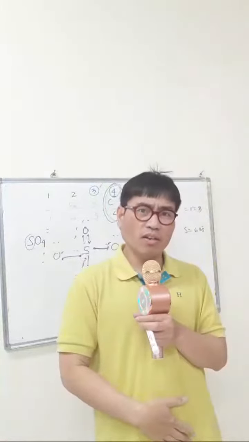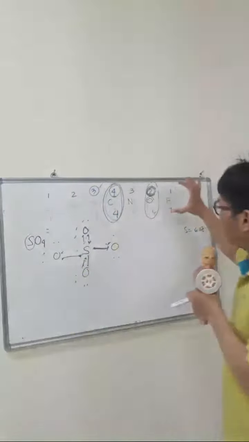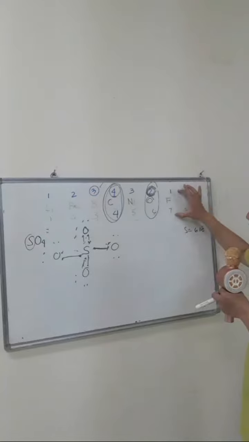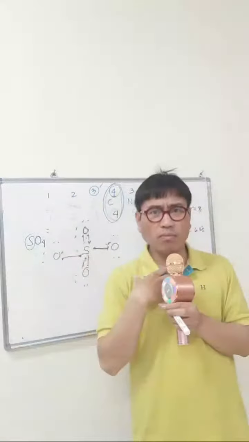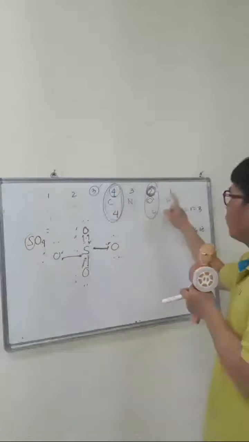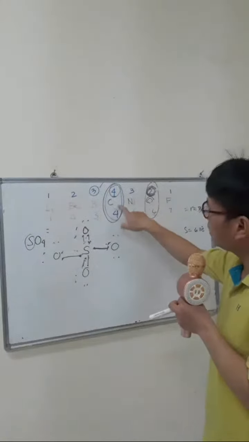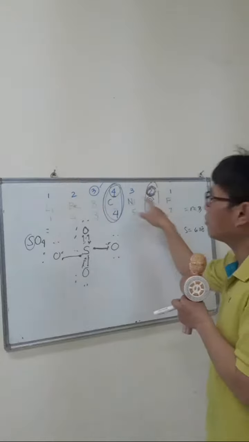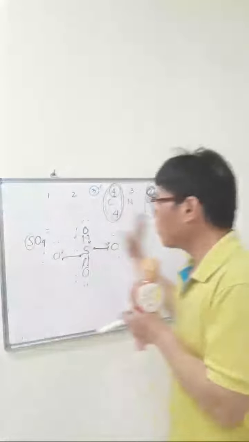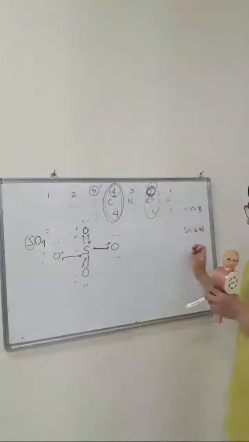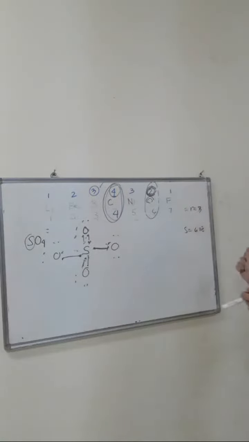That's the rule: the octet rule is applicable only if the other element is not in the same group. For example, oxygen bonded with fluorine, oxygen bonded with nitrogen, oxygen bonded with beryllium, oxygen bonded with hydrogen. But if this oxygen is bonded with an element in the same group, the rule will change. You get the point?